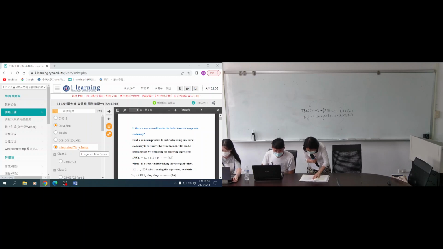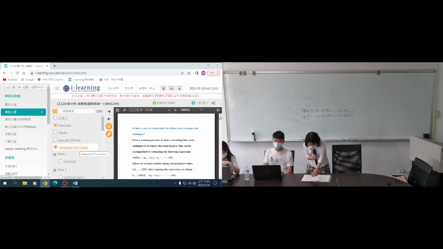Look at page 393, equation 12.20. Did you see that Y_t and beta 0, then we have a whole bunch of Y lags, then a whole bunch of P lags? Did you see that?